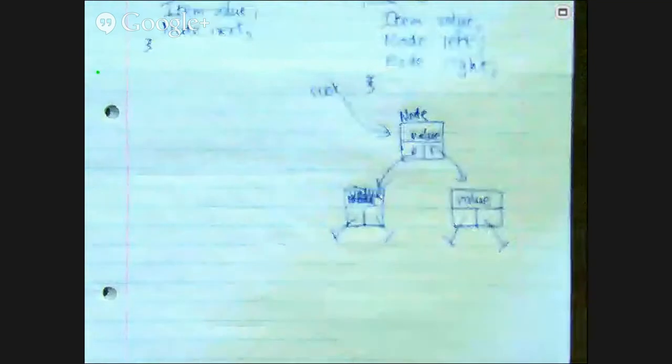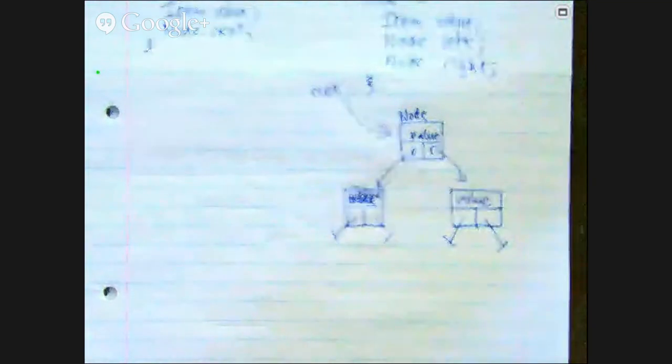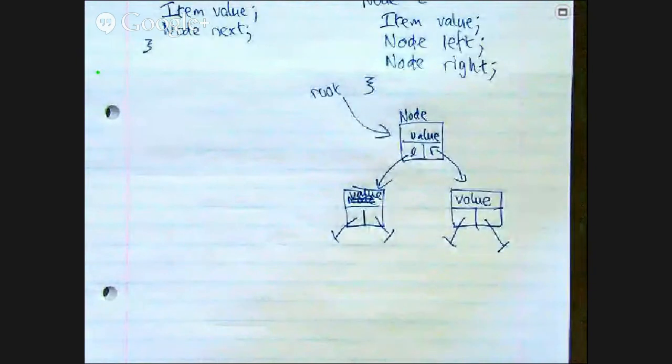So, how do I insert new elements into the tree? We know how to insert into a linked list. How do I insert into the tree? Any ideas? Let's find someone with ideas. What's your name? Yes.